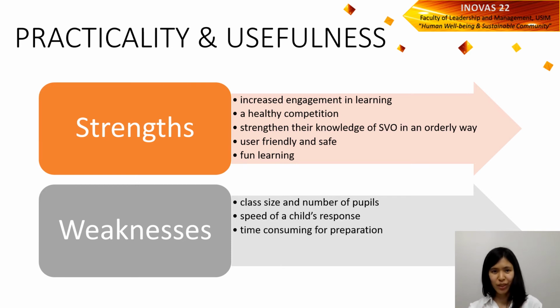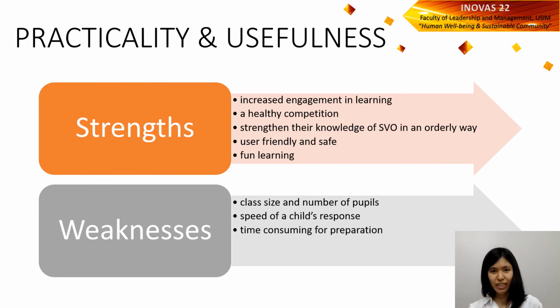However, the Jolly Card Sentences does have a few drawbacks, but it is possible to overcome them. First is the class size and number of pupils. Because all of the pupils are sitting in a big circle, good classroom management is needed from the teacher.